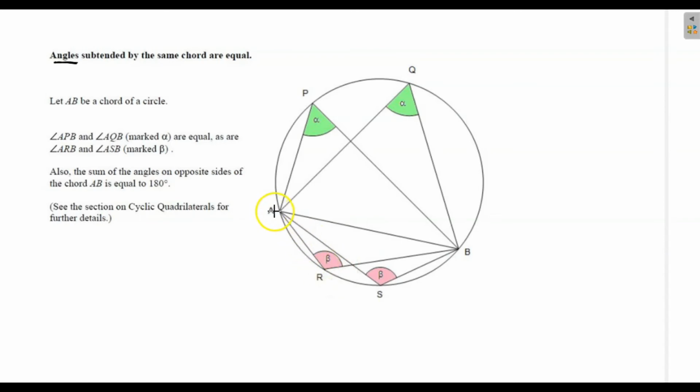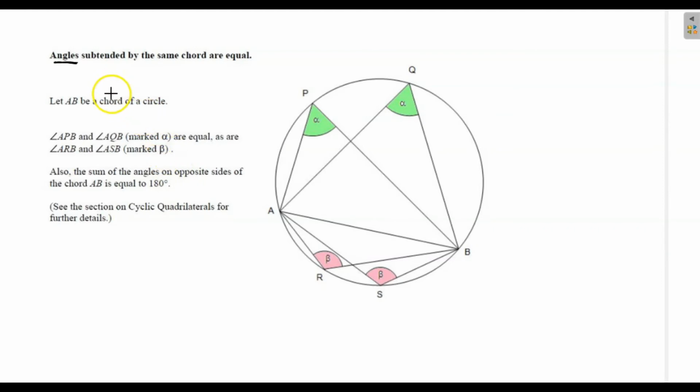And therefore, angle ARB equals angle ASB, and that has also been labeled beta. We say that these two angles are equal. So again, angles subtended by the same chord, they are equal. You can rephrase it and say that angles subtended by the same chord within the same segment, they are equal.